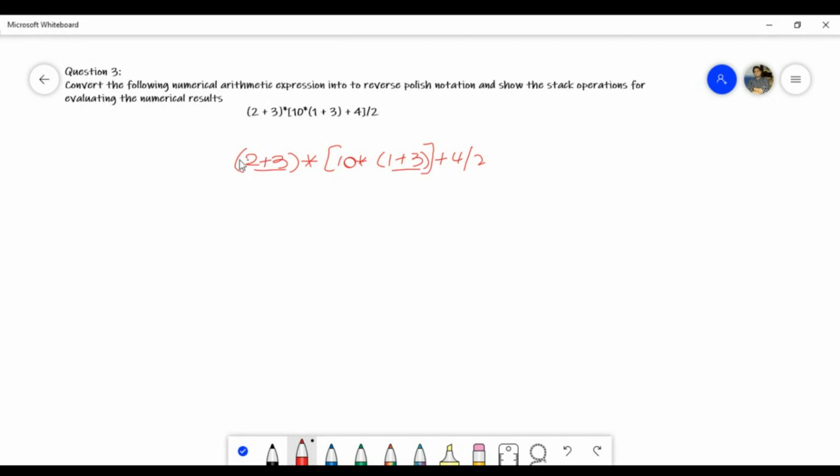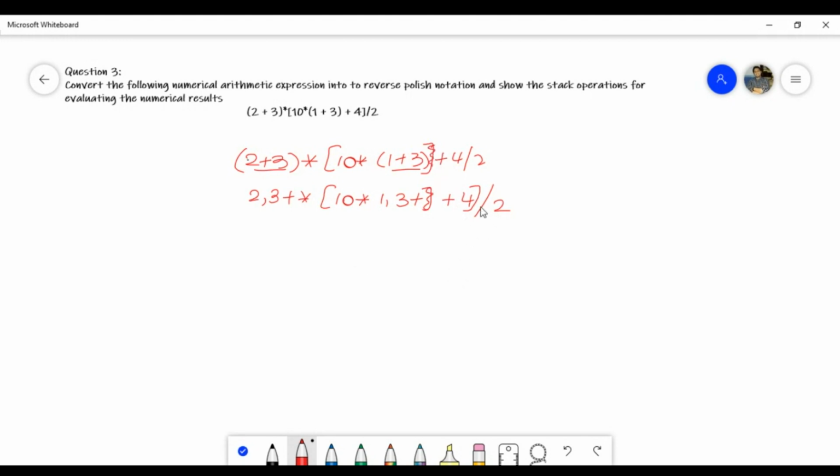So let us just write 2 comma 3 plus, cross, 10 cross 1 comma 3 plus, 4 over 2. This is here, and the bracket is here.